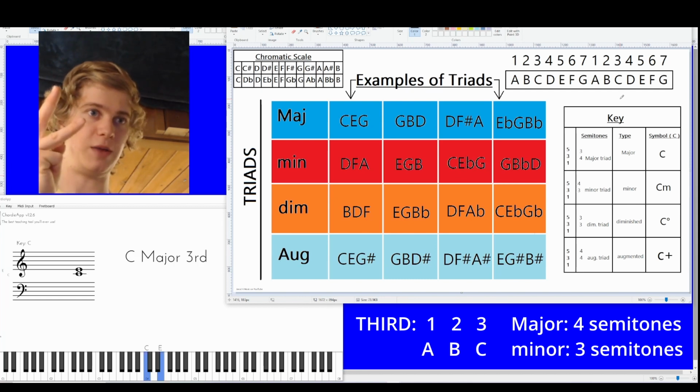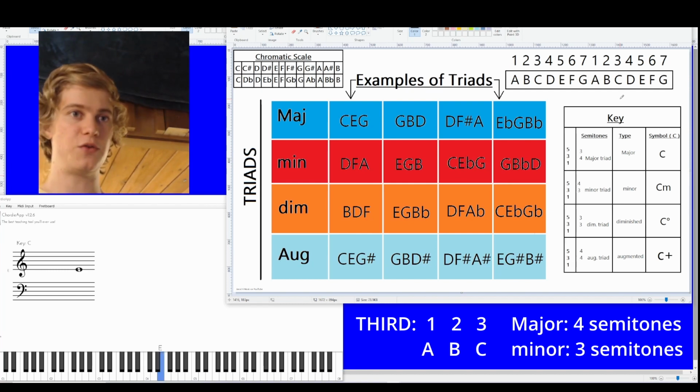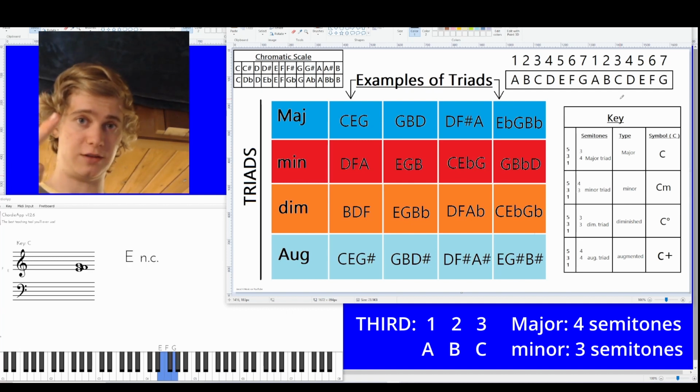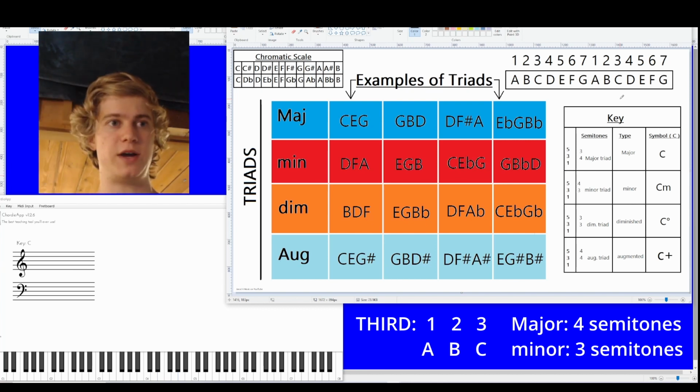So if I just take my 1 and my 3, now I have a third, okay, because I have C to E. Then if I go from E, I go up another third, F, G. So now I have E to G, which is another third. The reason why it's a 1, 3, 5 is because from this first note, this is a third, and from this first note, this other one is a 5.